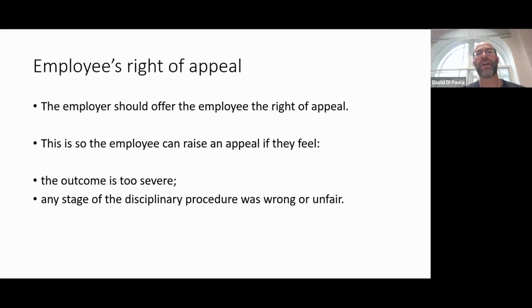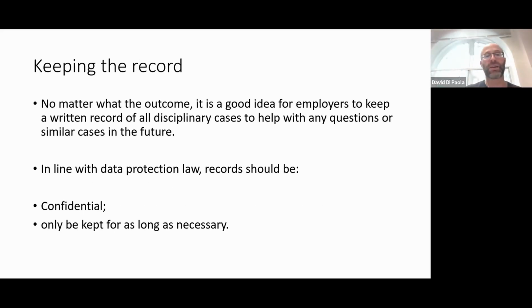For instance, if someone came to you and said the church organist has turned up today and is under the influence of alcohol or drugs, and you didn't do any investigation, you just went up to the organist and said you're dismissed, that might well be unfair. You've not carried out any fair process, so you need to make sure you do that in terms of the appeal as well. And last but not least, obviously keep notes, keep records.